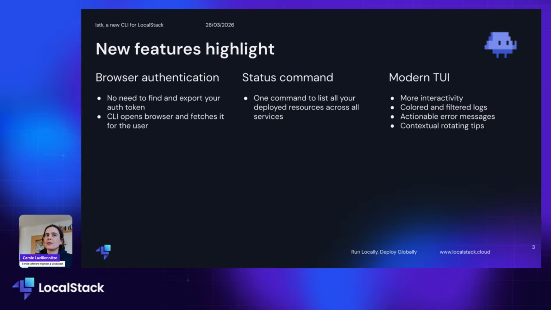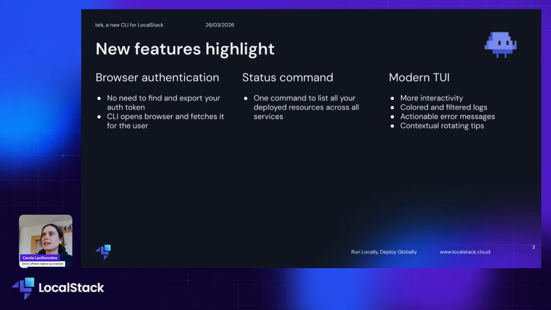We've worked on giving really actionable feedback. So say if your Docker daemon is not running, you'd get a very clear message with a suggestion to actually solve that, and some rotating tips to help you get started very quickly and deploy your resources in your emulators.